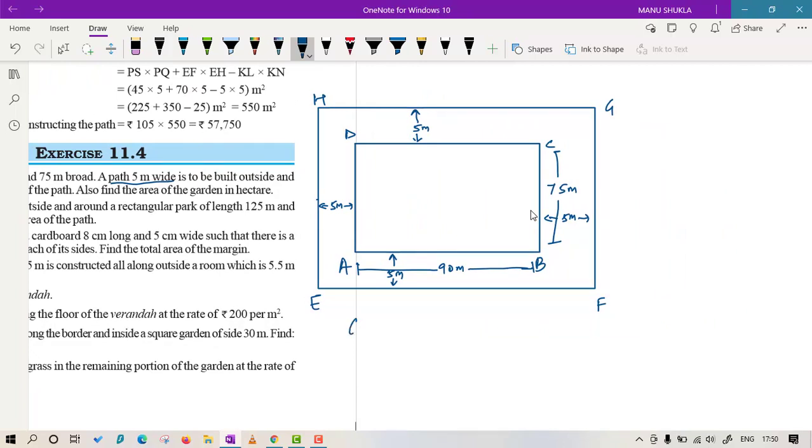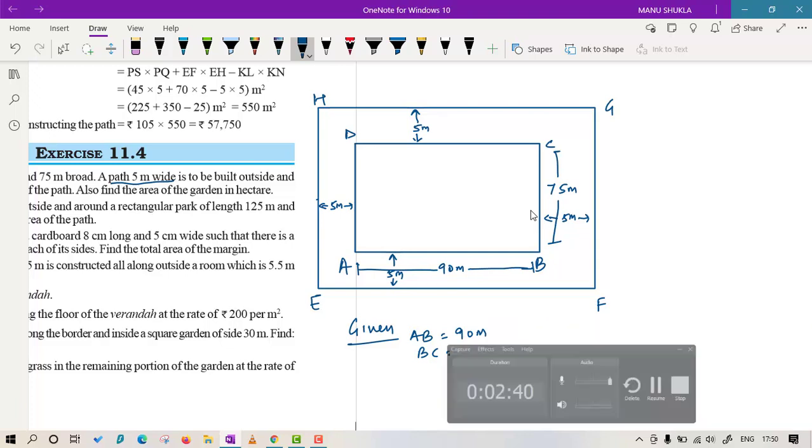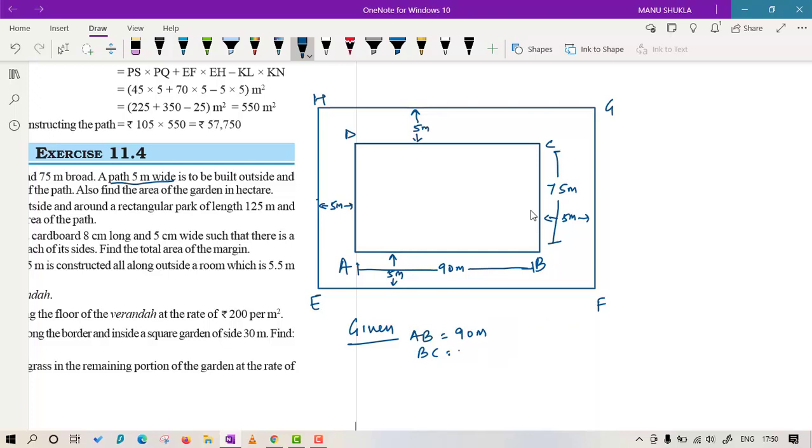What is given to us, we can write: given AB is equal to 90 meters and BC is equal to 75 meters. If you want, you can give them names L and B also. There are only two rectangles, but I choose these line segment names only because it will reduce the confusion.